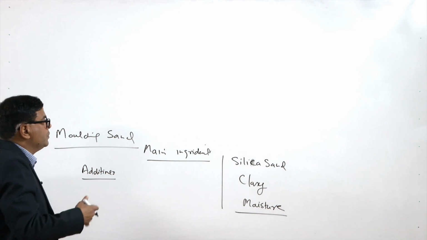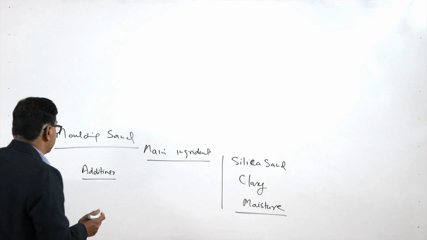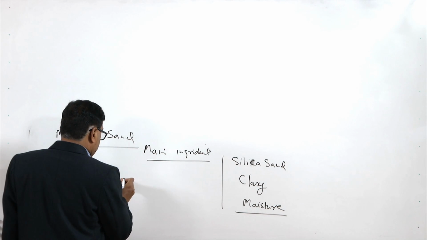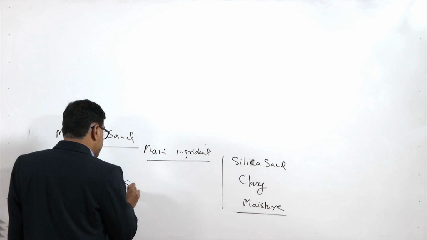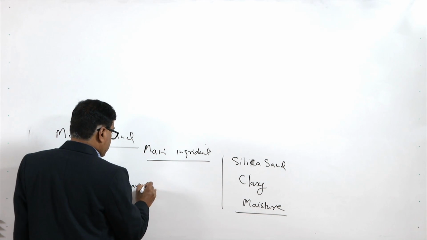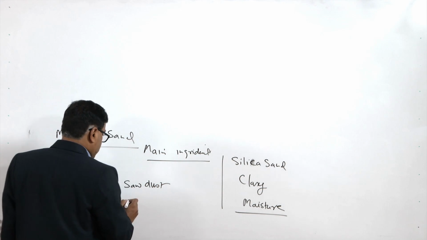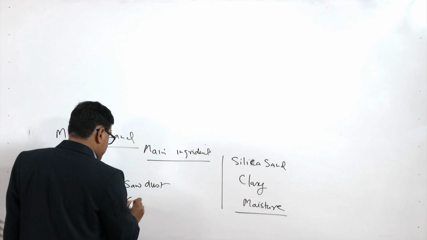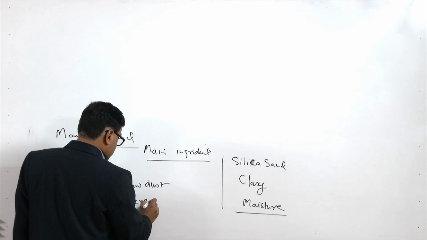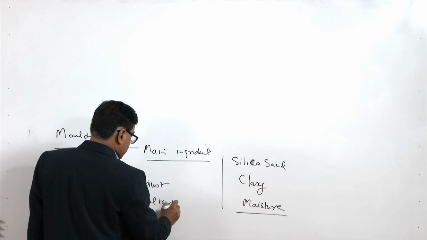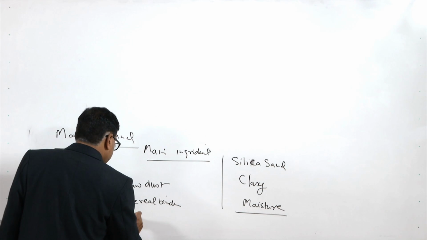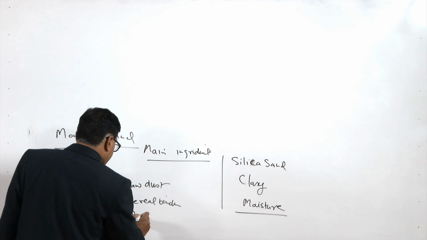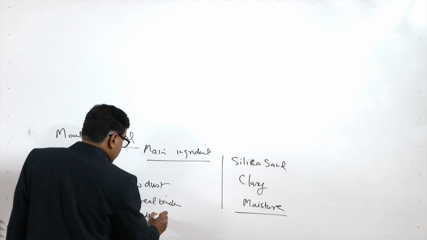Additives are used to increase specific characteristics, like sawdust, cereal binder, and powdered graphite.